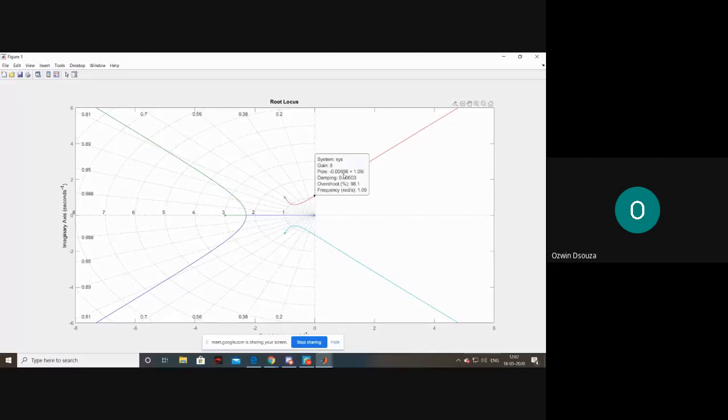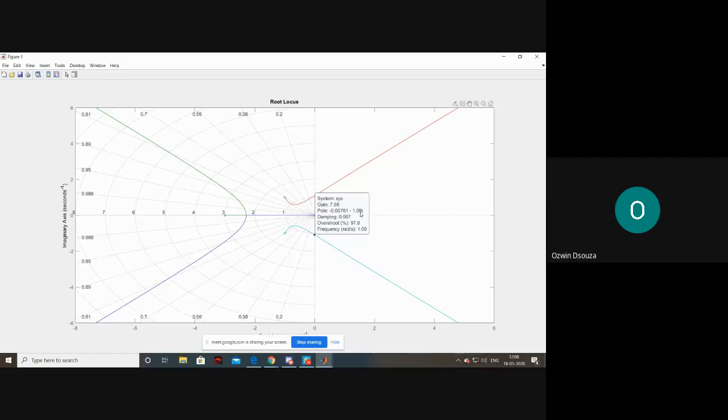So at k marginal, your roots are purely imaginary. One root is in the second quadrant, hence with a positive sign. Now, if you want to locate the negative root, somewhere here. Wrongly I located, so let me press it exactly at that particular location. Yeah, right. You can see the root value minus 1.09i.